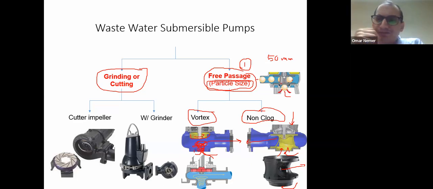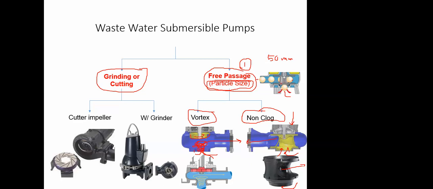Now, generally, for sewage, any liquid that has particles of 50 millimeters is considered sewage. 35 millimeters is considered drainage.